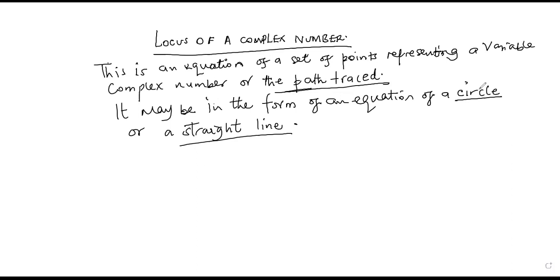It's going to really work for us. So let's see examples of determining the locus of a complex number. Examples, meaning as of now, as we push this topic, we should be able to know the general equation of the circle, you should have some information about the circle.